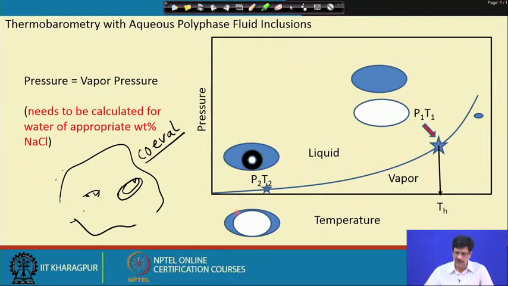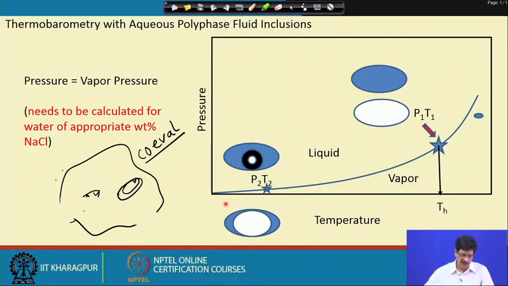The inclusion shown here will also evolve with heating along the boiling curve, where the liquid phase will go on diminishing in amount, and at the homogenization state the cavity will be completely filled by vapor. We also discussed the practicality of noting down the temperature of homogenization where the homogenization is L plus V to V, where there may be a little bit of uncertainty.